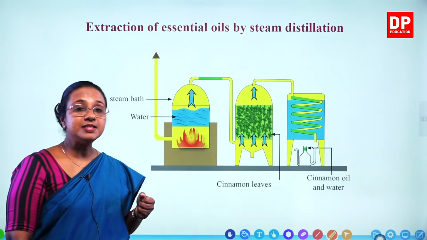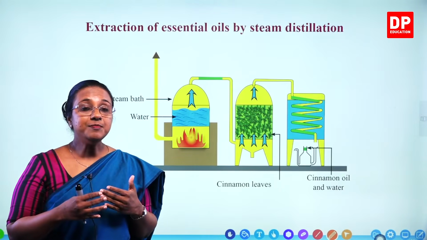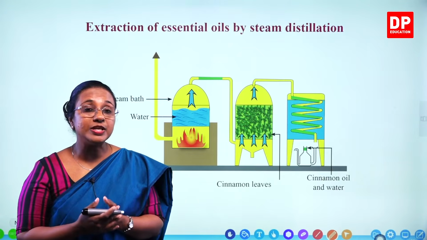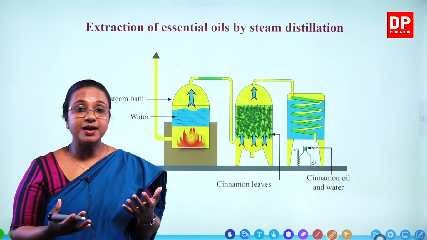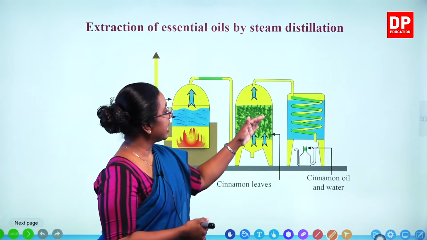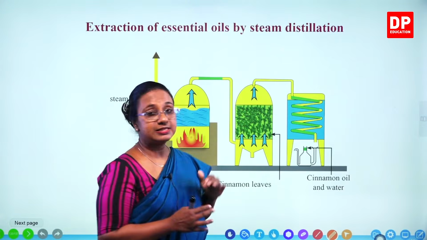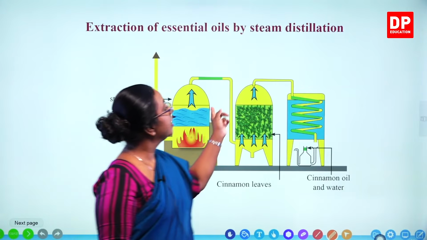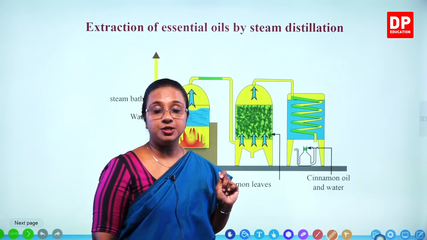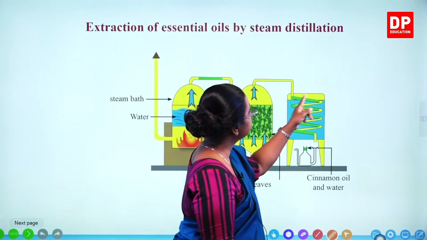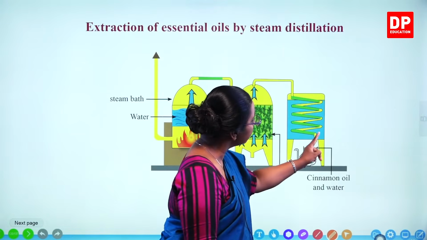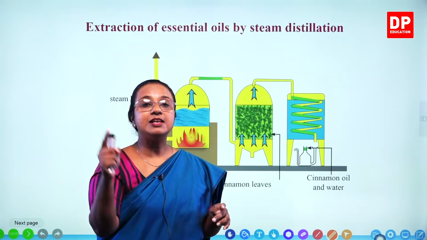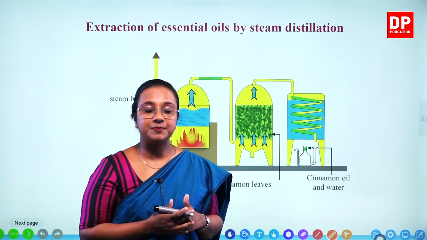So what happens there? With the steam, the essential oils that are dissolved or mixed with water also vaporize. So from this tank, a vapor, that is a mixture containing water and the essential oil, comes out of this tube. And here you can see this is a spiral structure where the vapor has to travel in a spiral manner.